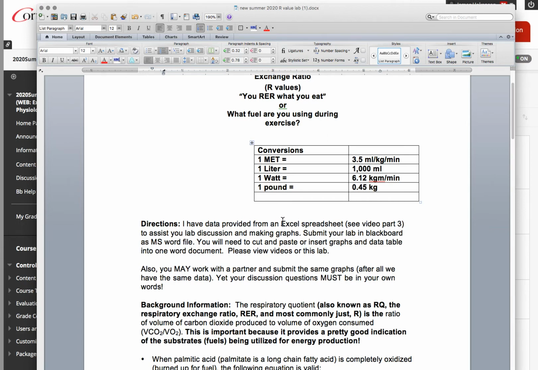That data is downloaded in Excel, and it's a big spreadsheet with a lot of data to work with. So the data that I'm sharing with you in this lab report, I've averaged different time periods in this big Excel spreadsheet.